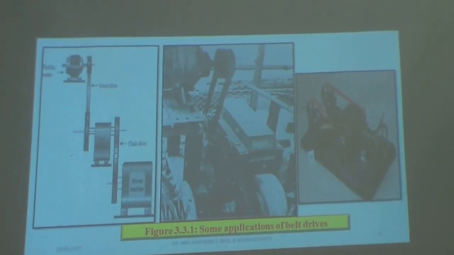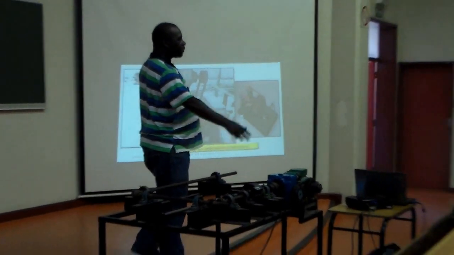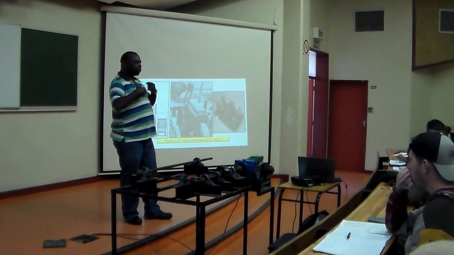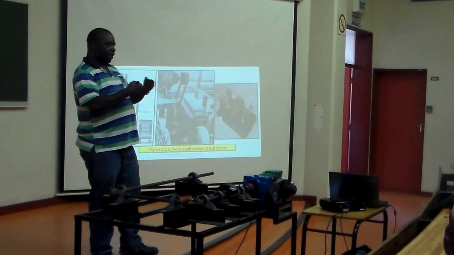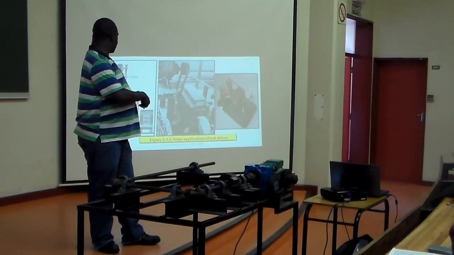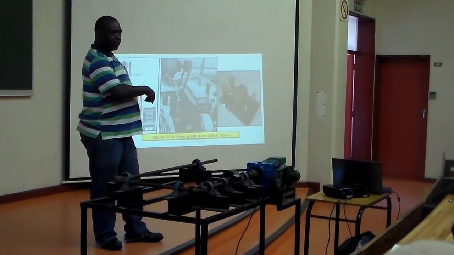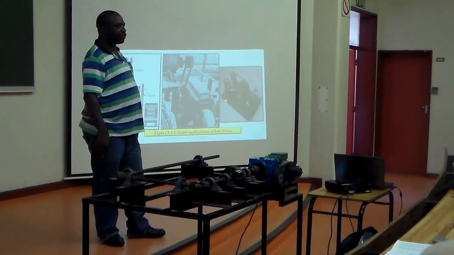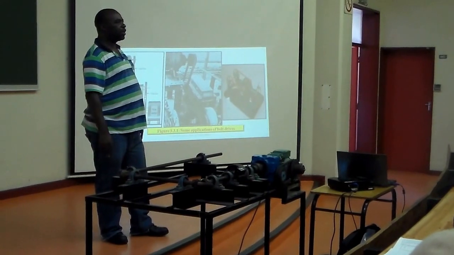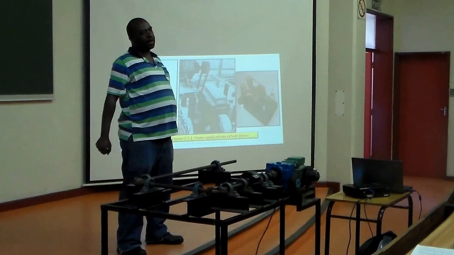For example, if this thing here is packing boxes and moving boxes, I need a big force to move the boxes, but I need those boxes to move slowly. So before you arrive at the final drive, you need to be moving at very low speed, but providing very high torques.